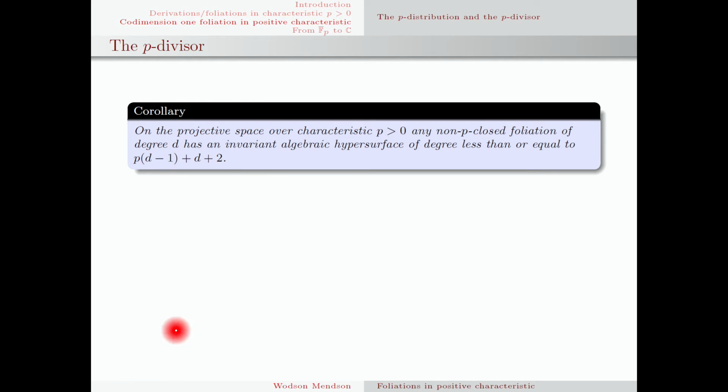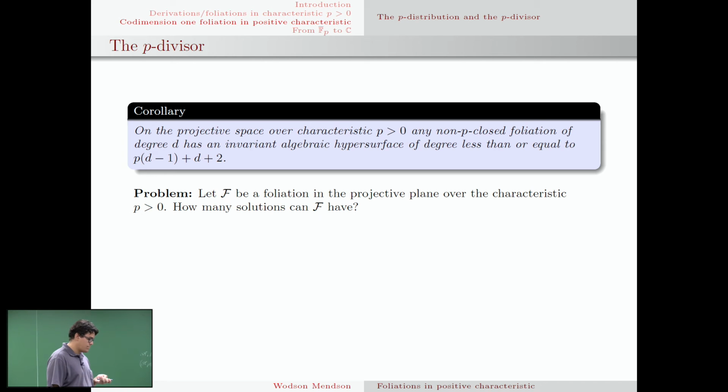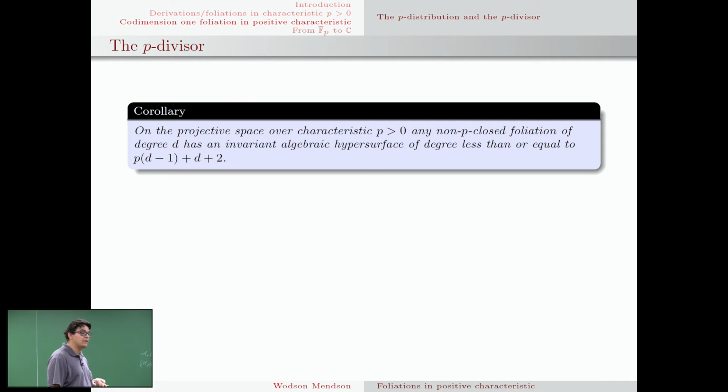So we have a corollary here: in projective space of characteristic p, any non-p-closed foliation of degree d has an invariant algebraic hypersurface of degree less than or equal to this constant here. This was the degree of the p-divisor. But one important thing is that in dimension 3 or higher, the degree of delta f is not determined by f.